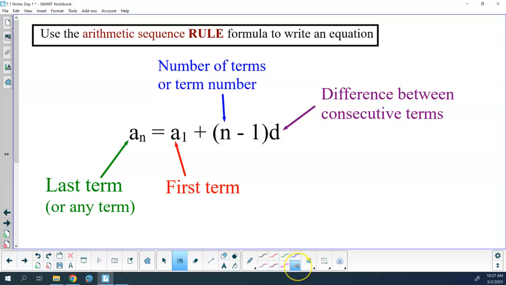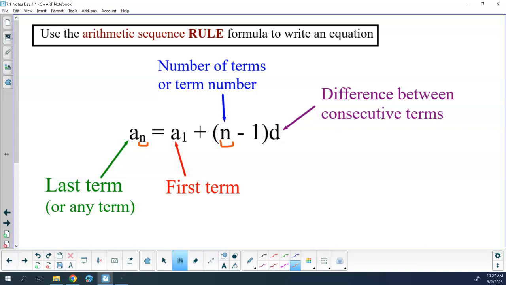I also draw your attention to the fact that if you notice, you've got N there and N there. So if you're looking for the 32nd term, N would be 32 in that equation.